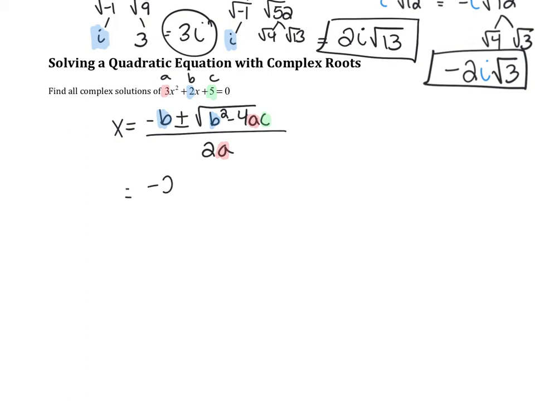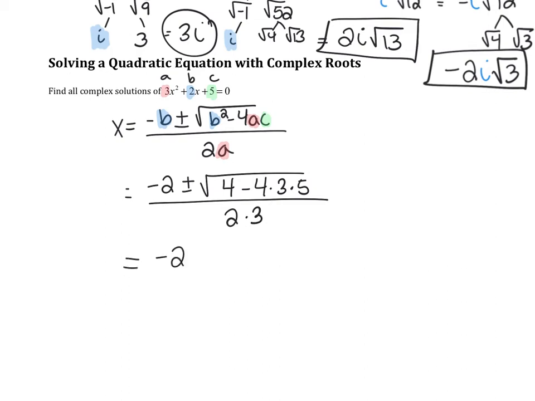So we have negative 2 plus or minus the square root of 2 squared, which is 4, minus 4 times 3 times 5 all over 2 times 3. Okay, let's solve what's under the square root first. So we've still got the negative 2 plus or minus square root of 4 times 3 is 12, and then 12 times 5 is 60.